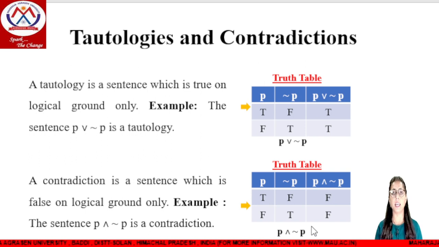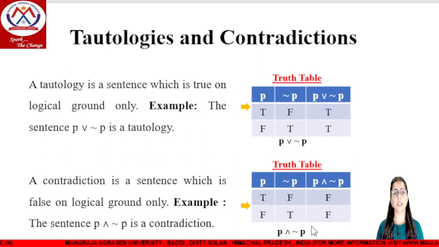So let us take its disjunction. When P is true and its negation is false, then the disjunction will be true. When the statement P is false, the negation of P is true, then again its disjunction will be true. Now we can see in the third column all the values are true. So this is the tautology we have, because in the third column T is true.